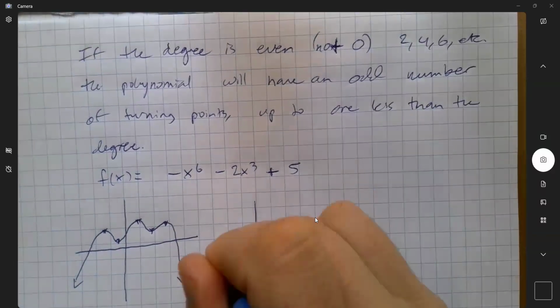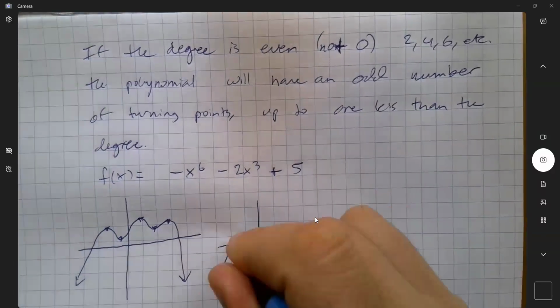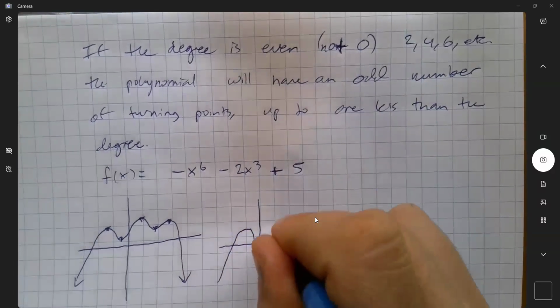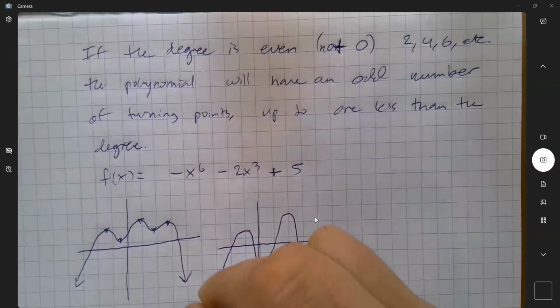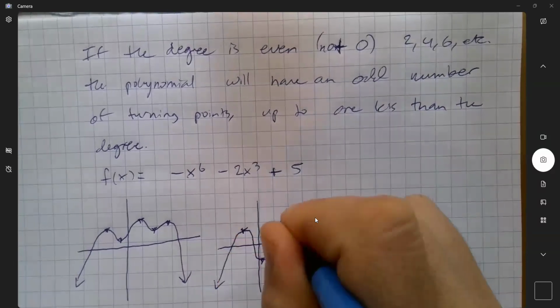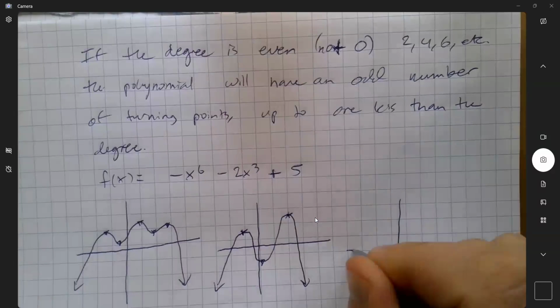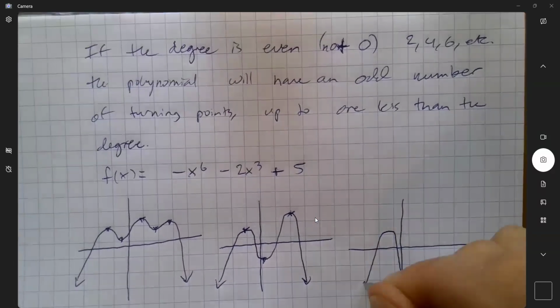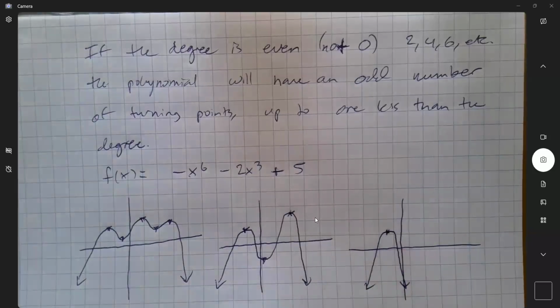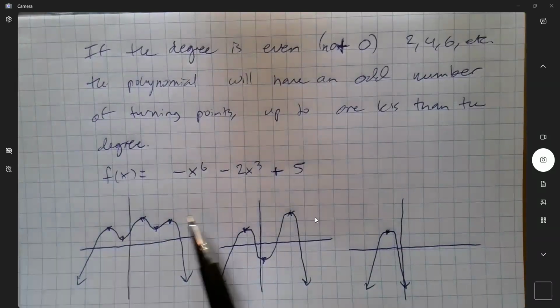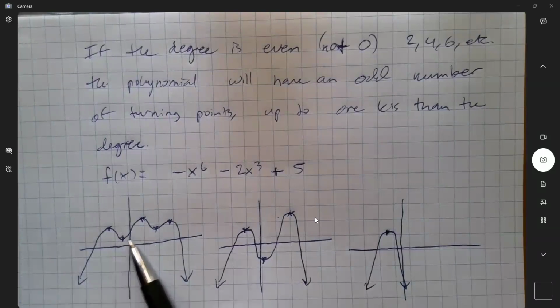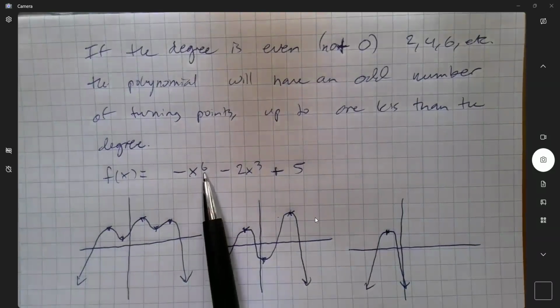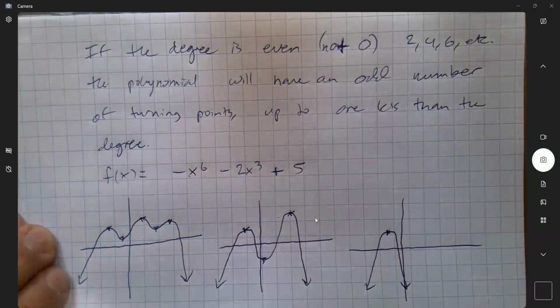Or it could have, let's see, 3 turning points. 1, 2, 3. Or I suppose it could have 1 turning point, which would look kind of like a parabola, but it tends to be a little bit flatter near that turning point. So those are my options. They're odd numbers, and the largest possible odd number of turning points is 5, which is 1 less than the degree. Okay.